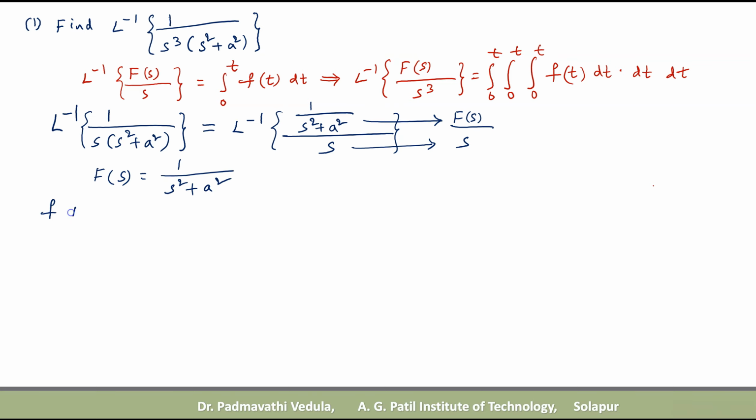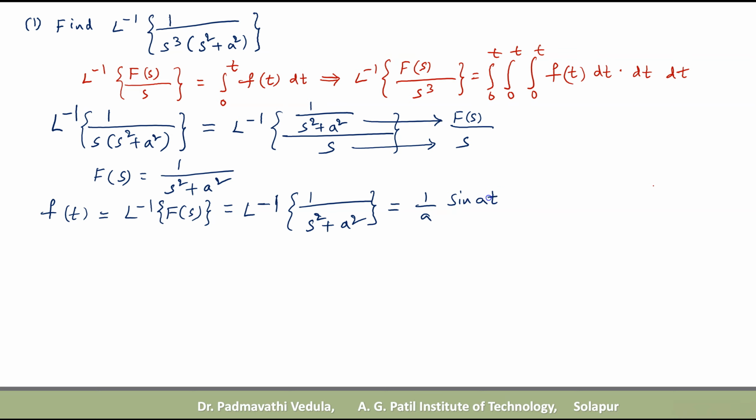Now we have to find f of t. f of t is nothing but L inverse of f of s, which is equal to L inverse of 1 by s square plus a square. So according to the elementary functions formula, here we get 1 by a sin at.